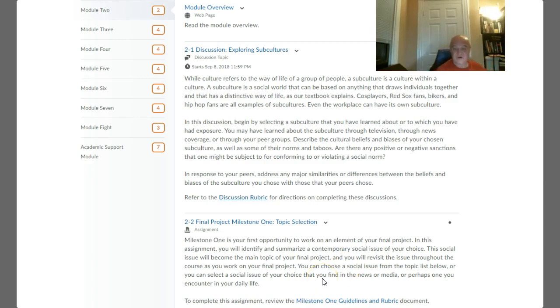Milestone 1 is your first opportunity to work on an element of your final project. So the more you think of these milestone assignments as elements or components of your final assignment, the easier time you'll have putting it together, rather than treating them as separate homework assignments.